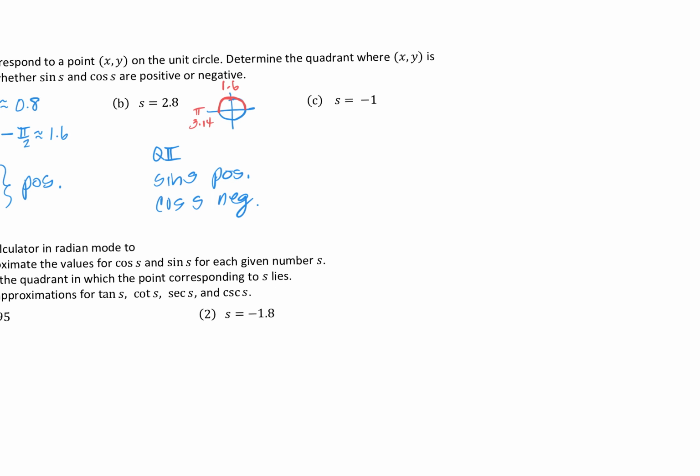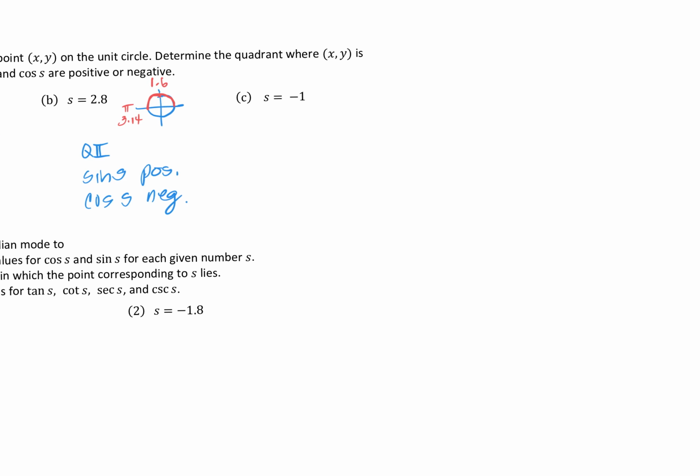Okay, what about an arc length of -1? So this time we want to go in the opposite direction. Remember, we're starting off at 0. And if we go in the negative direction, we're at negative pi over 2, which is going to be approximately negative 1.6.